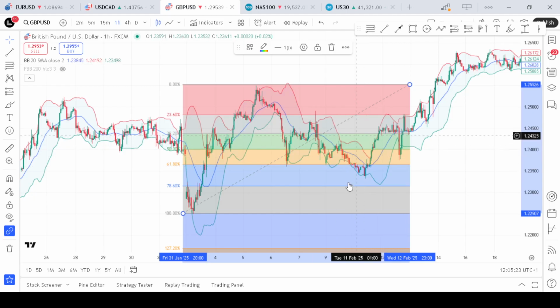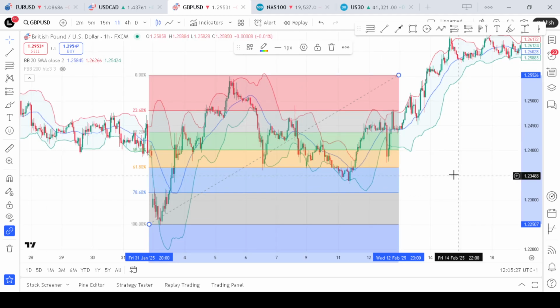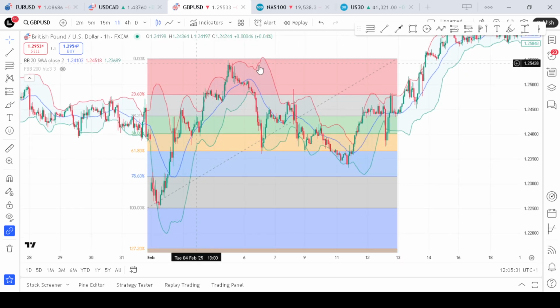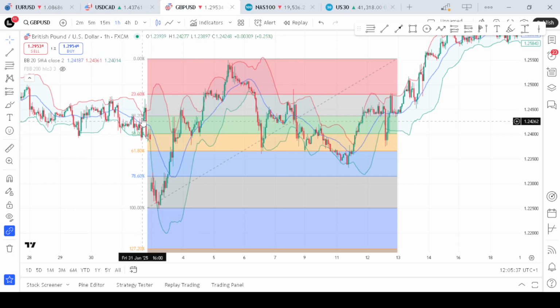So at these areas we have marked out on chart using our Fibonacci tool in addition to our Bollinger Band, this acts as support and resistance level from the 38.20 level to the 50 to the 61.80 level.